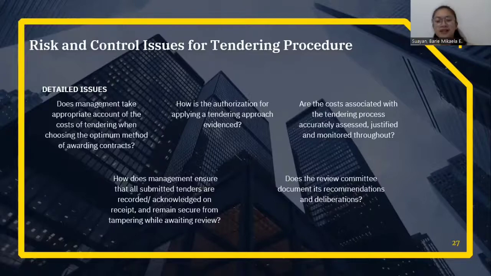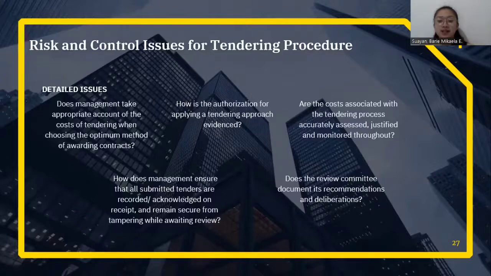To summarize, the detailed issues in tendering procedures are all about giving emphasis to the account of cost of tendering, authorization for applying a tendering approach, monitoring, assessing the tendering process, the submitted tenders and the review committee documents, as it would result in the goal of the tendering procedures, which is to demonstrate fairness and value for money when selecting contractors.